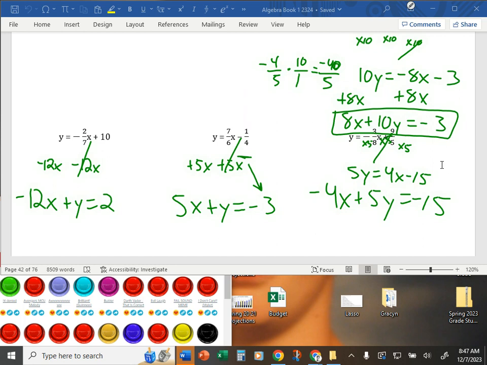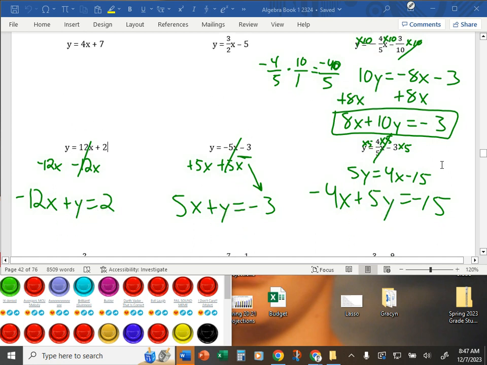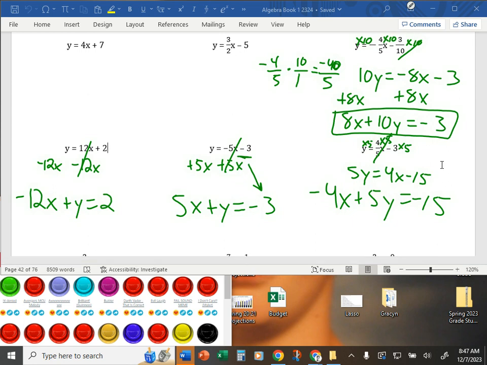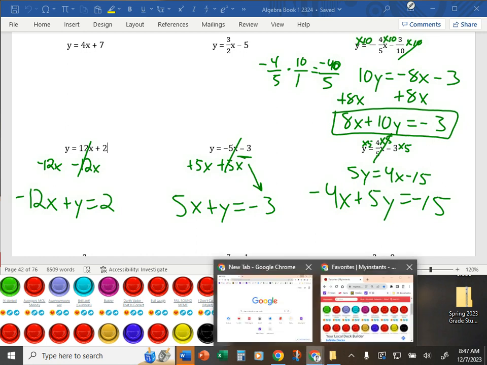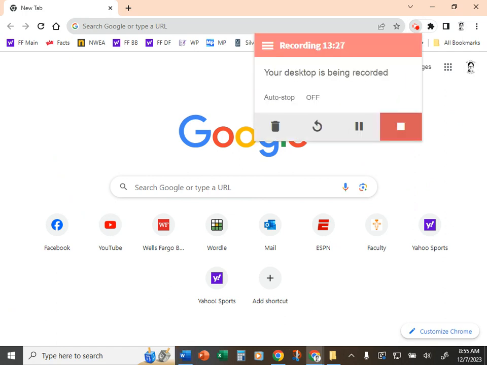Then we'll come back and do them together. I'll leave the work up here for what we did, so you can see what we did up top to help you. Work on those and TTYL.